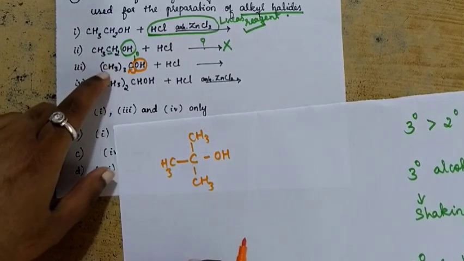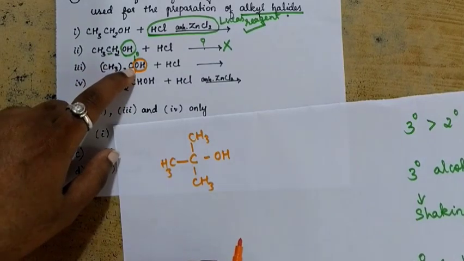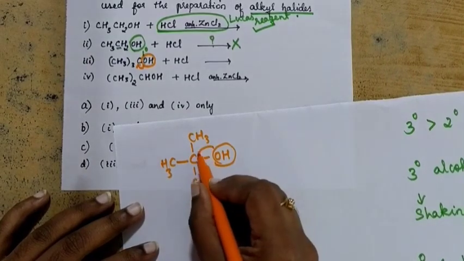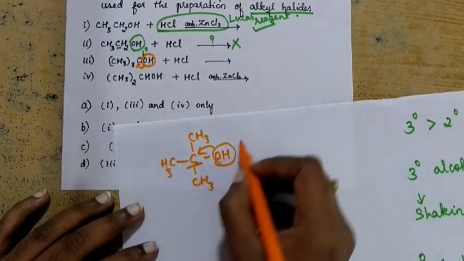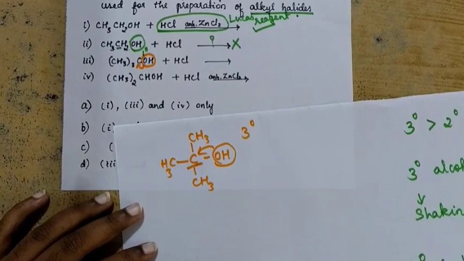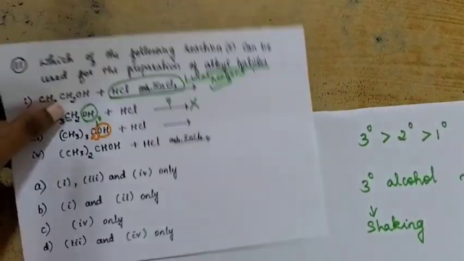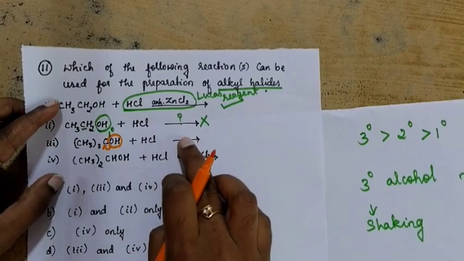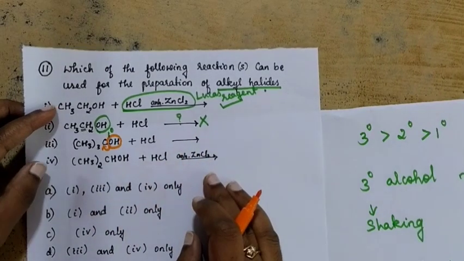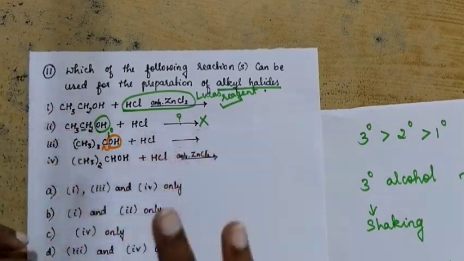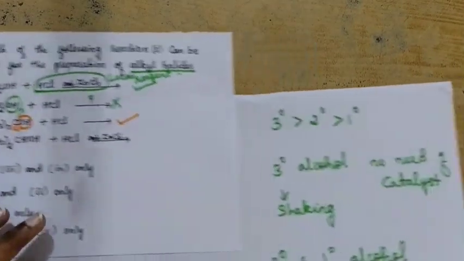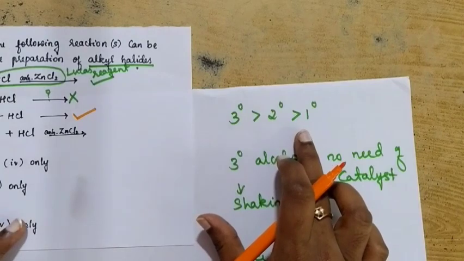That is why it is CH3 thrice bonded with carbon which is bonded with alcohol. So it is tertiary alcohol. Correct? So when tertiary alcohol reacts with HCl without any condition, the reaction will take place. When you just mix them and shake them well, you are going to get the alkyl halide. That is what we understood by this order of reactivity, no?